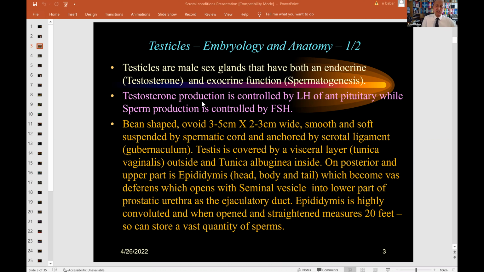The testosterone production is controlled by the luteinizing hormone of the anterior pituitary, while the sperm production is controlled by the follicle stimulating hormone, FSH.